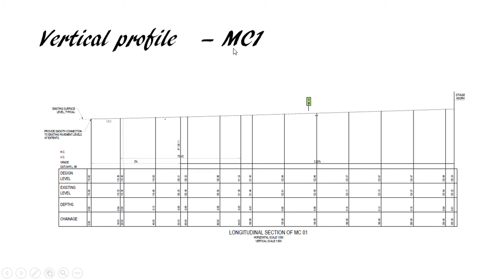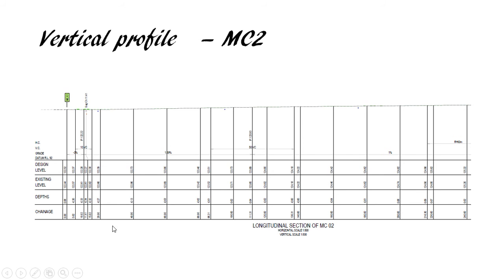Based on that, in the profiling of MC1, as you can see, the grade is 2%, 3.2%. So the length of vertical curve used is 75. Then this is MC1, where the connecting road MC2 joins here, where the MC2 profile is here and MC1 connects starting from here. Because of the intersection we need to provide a 3% grade initially, so 3% is provided.